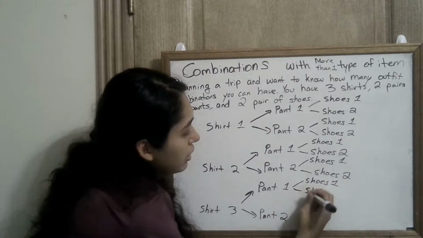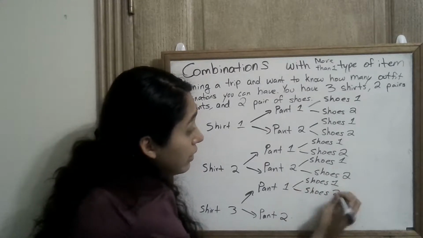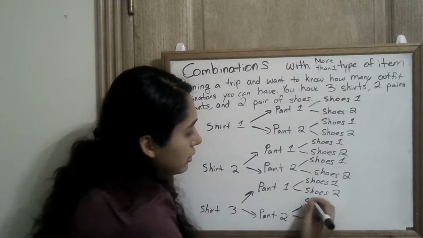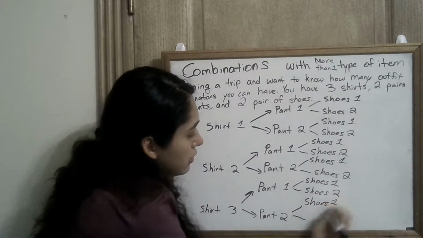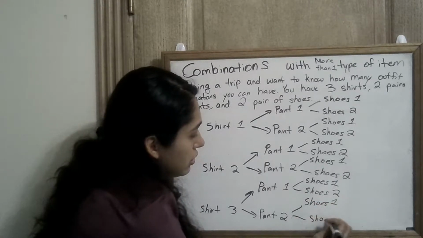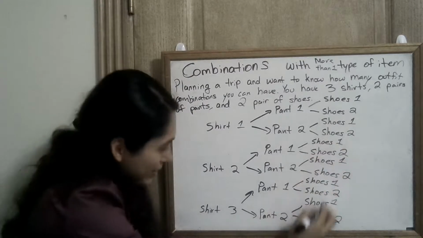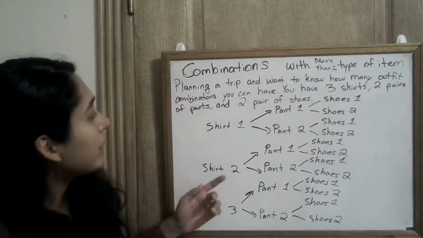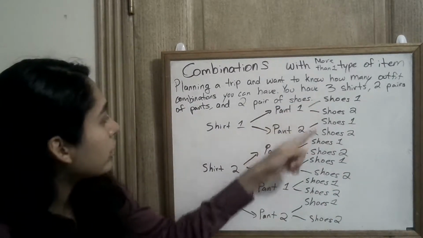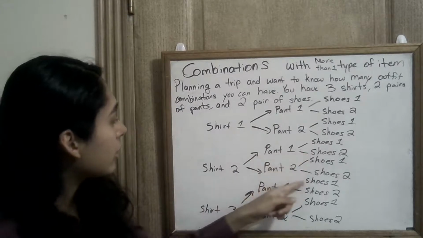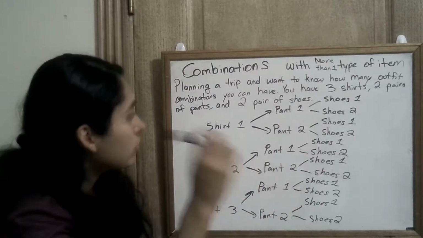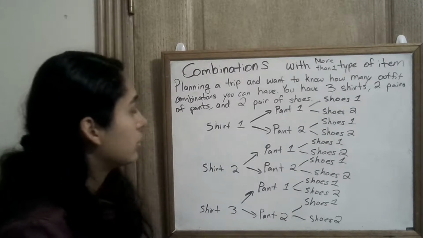There's actually a fun way we can deal with this. My handwriting just gets messier as I go down. So here we have 1, 2, 3, 4, 5, 6, 7, 8, 9, 10, 11, 12. 12 different combinations.